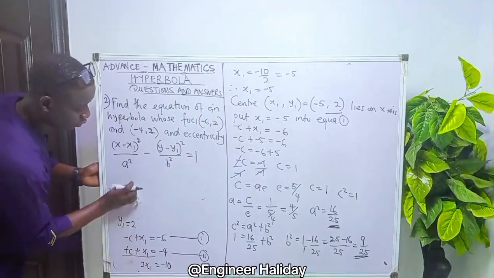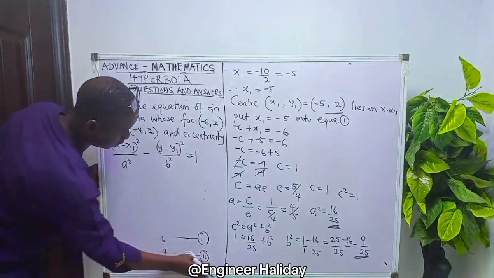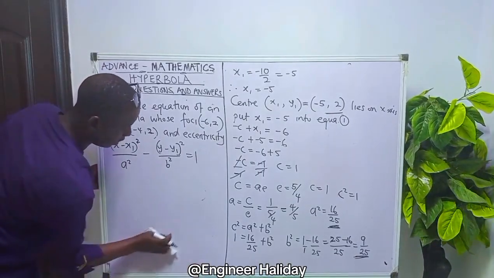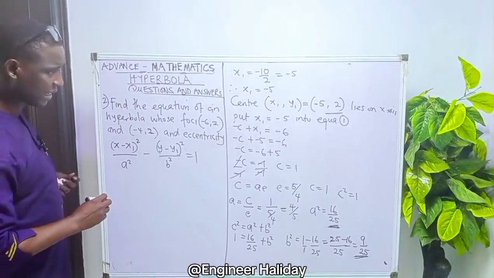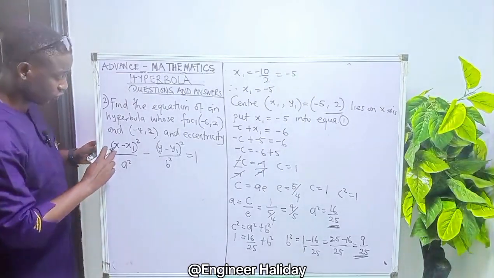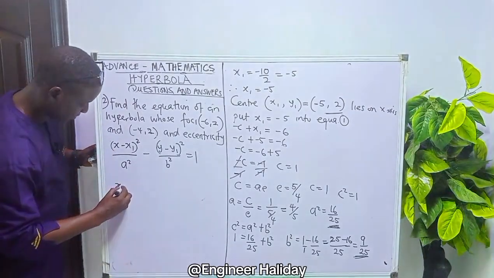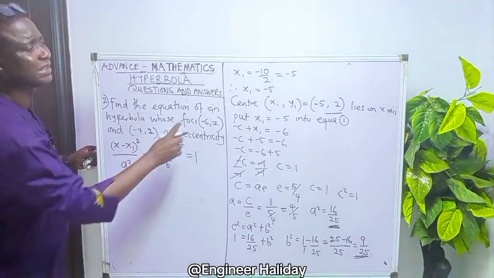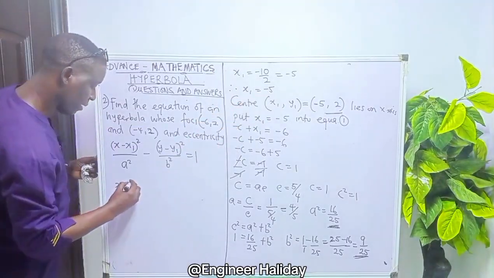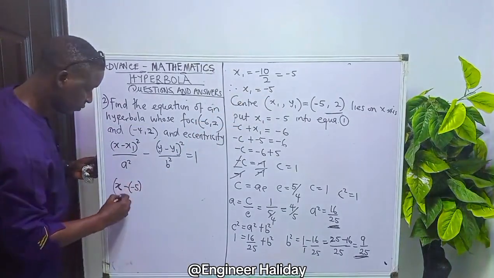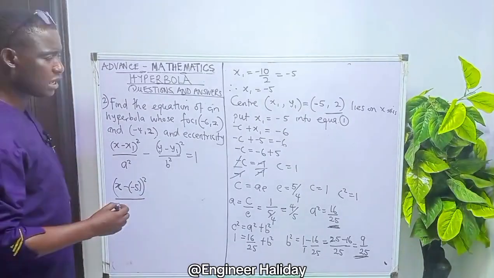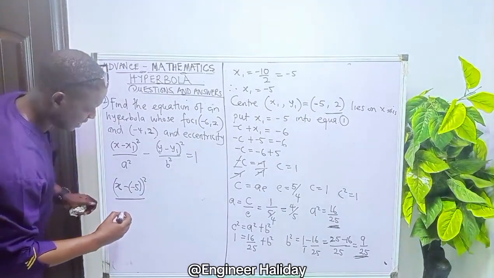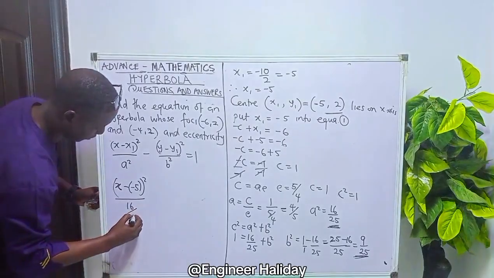Now therefore we go to our conclusion of this particular answer. Now for us to conclude it finally, ladies and gentlemen, x minus x1 is minus 5. So put minus 5 there, all square over, what is our a square? a square is simply 16/25.